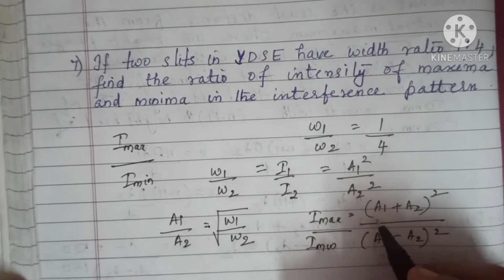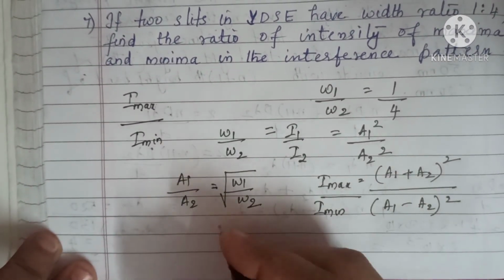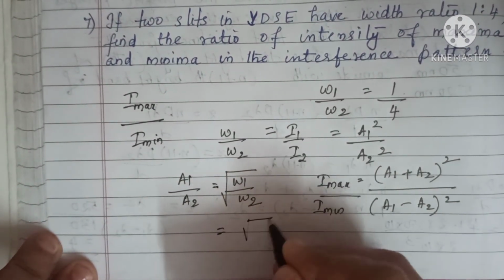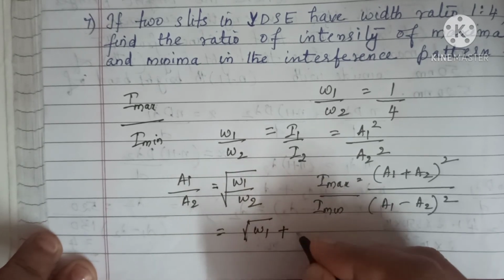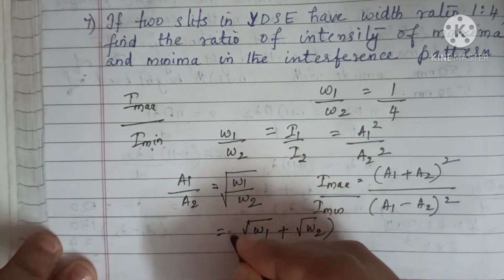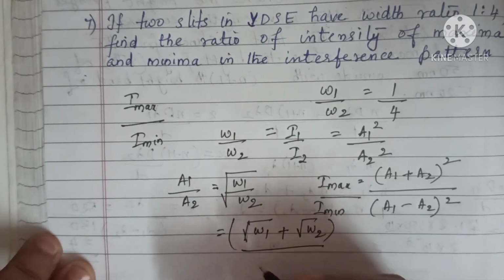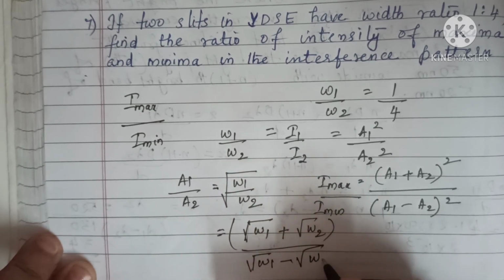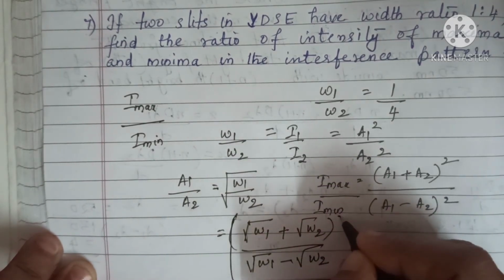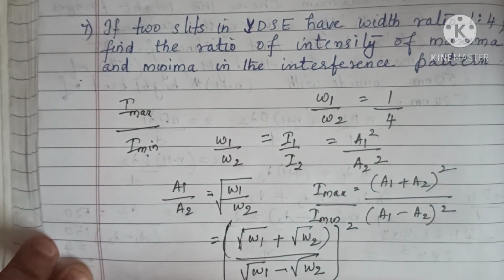So instead of A1 and A2, how can I write? Instead of A1 and A2 I can write root of W1 plus root of W2 divided by root of W1 minus root of W2, the whole squared. Clear?